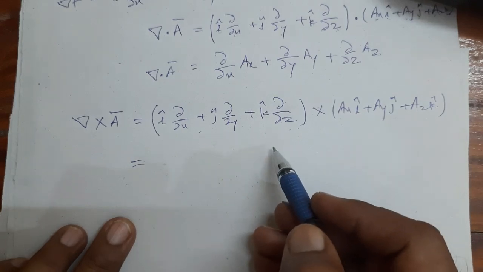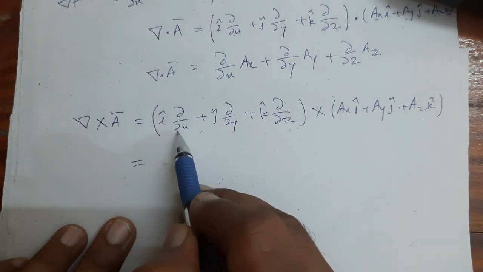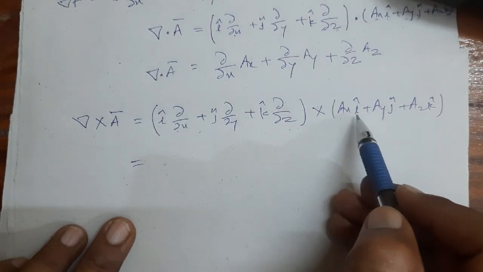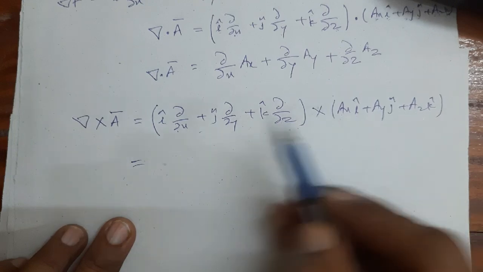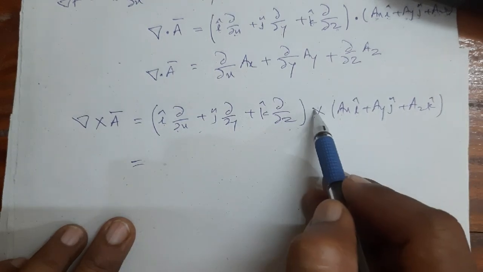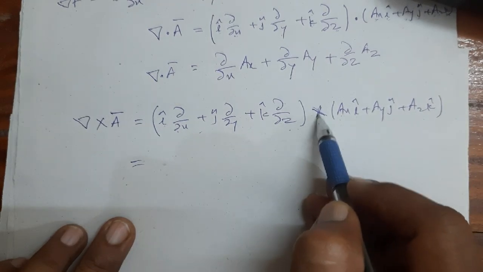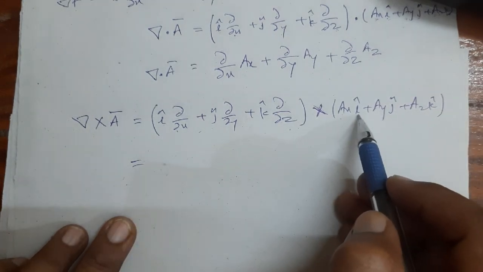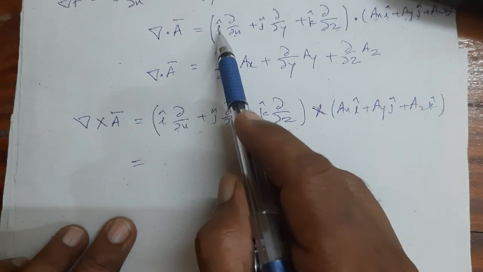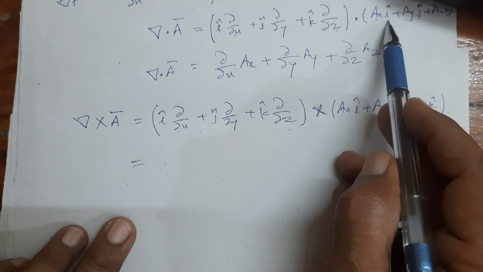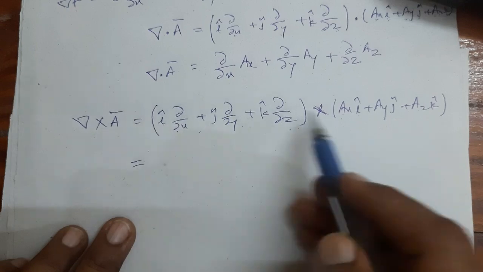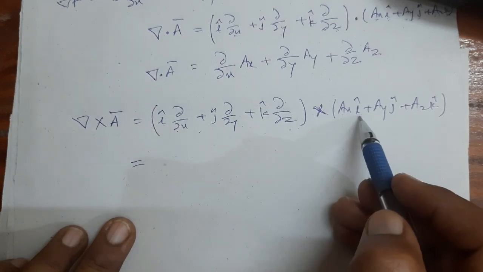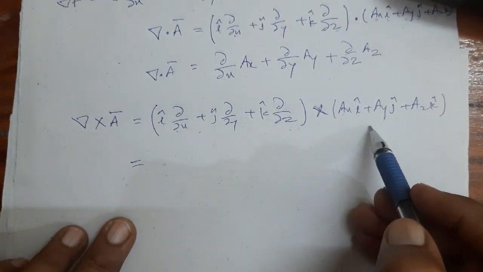Okay. See, i cap ∂/∂x, if I operate on ax i cap, then i cap cross i cap, this is a cross product, correct? i cap cross i cap, and the interesting thing is that i cap cross i cap is equal to 0. In the case of a dot product, i cap dot i cap will be 1, but in the case of a cross product, i cap cross i cap is 0, and therefore this term will vanish.